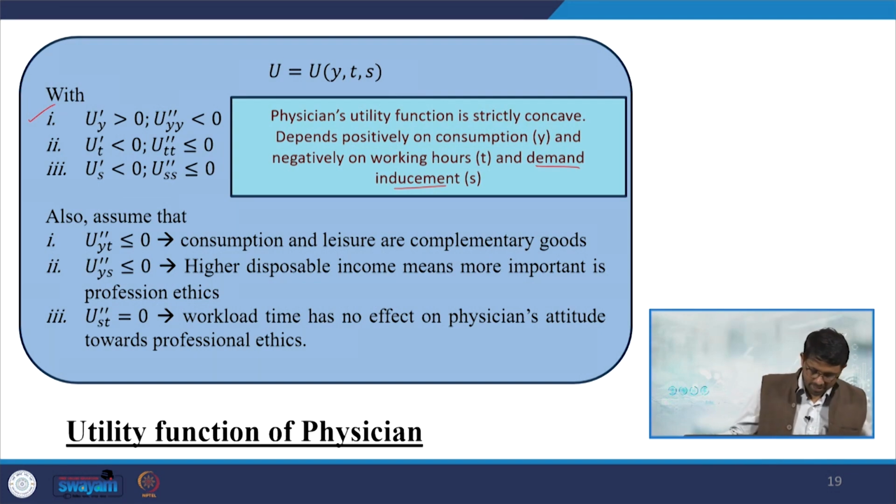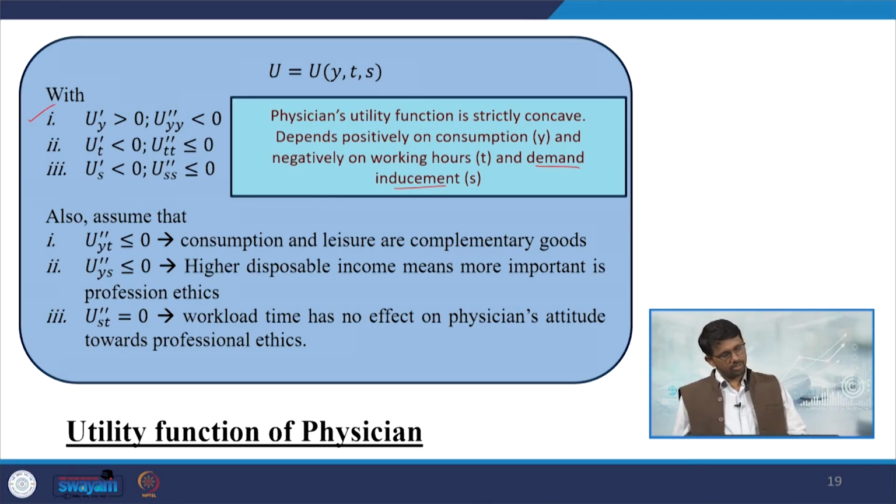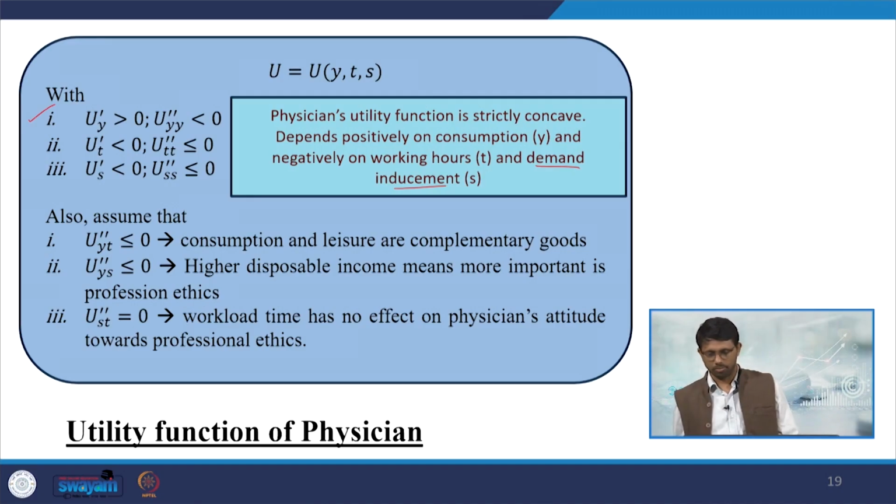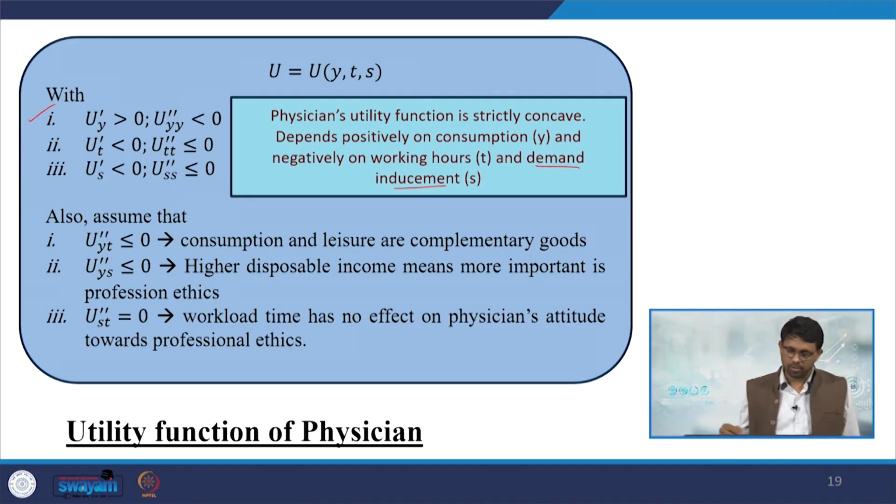Hence, the second derivative is negative, or at least non-positive. And again the relationship between Y and S, that is disposable income: higher disposable income means professional ethics is more important. So, if doctors are receiving comparatively higher income, their professional ethics is considered to be better. Hence, demand inducement is considered to be lesser.